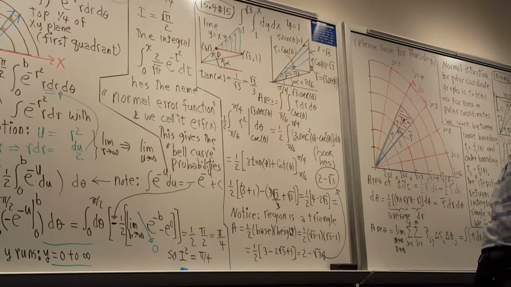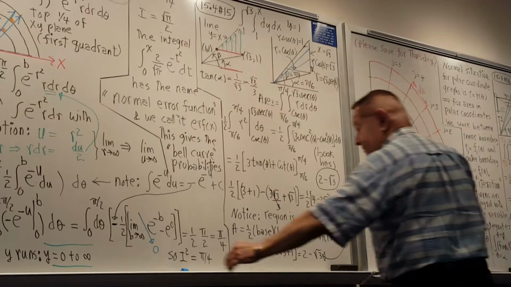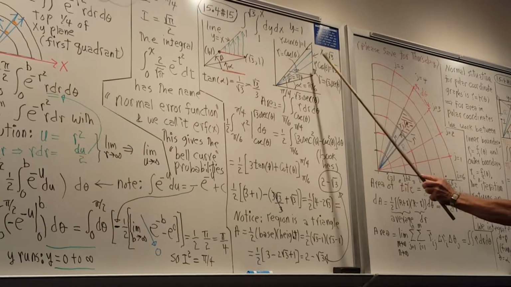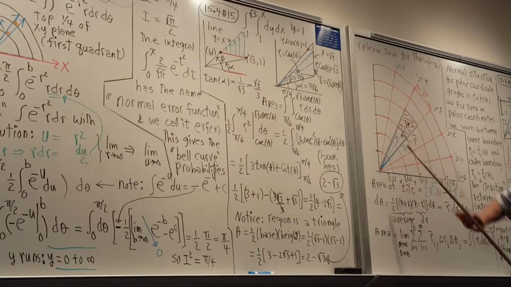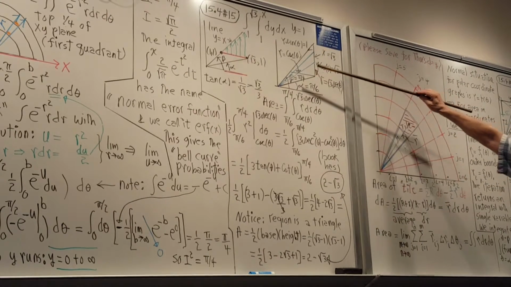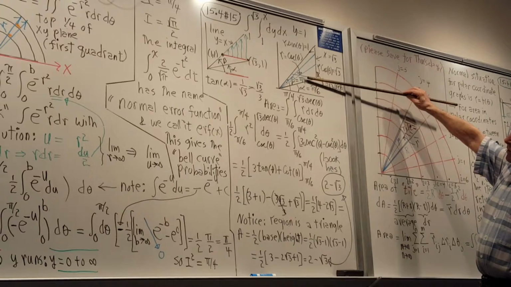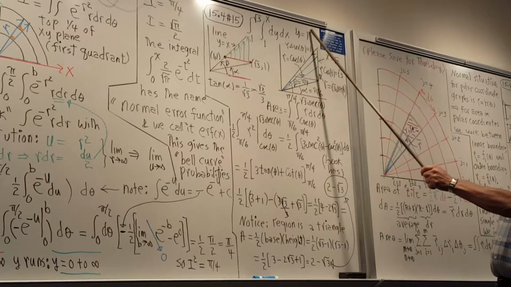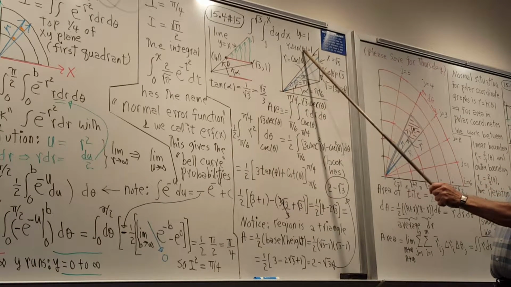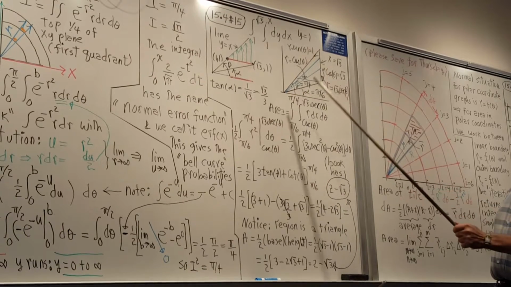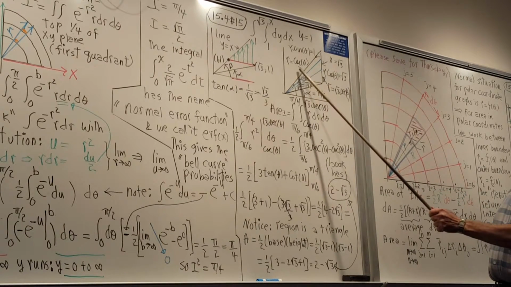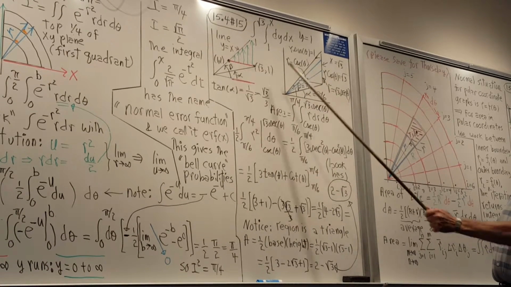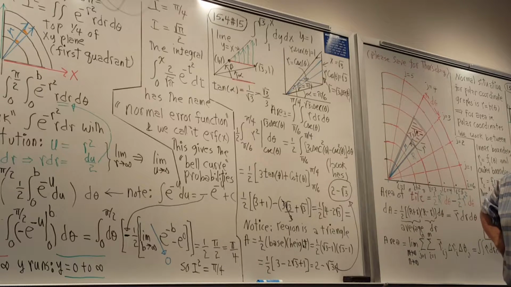You got your sector like that, and then your tiles would be in here. Okay, so your base here of this triangle is where y is 1, so r sine theta is 1, so r is 1 over sine, which is cosecant. Let's see, r equals cosecant, and my arrow goes to this, which is the same as that in that picture.